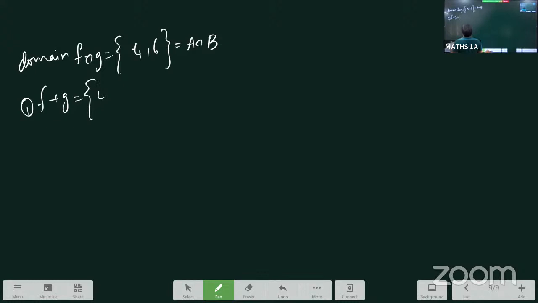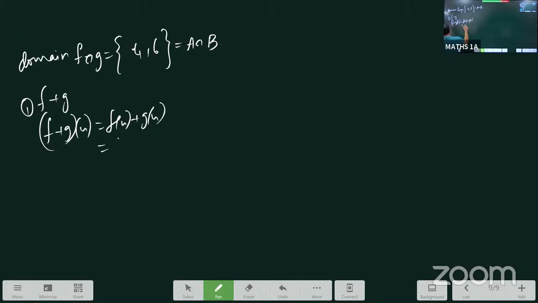I will show you. f plus g of 4 is f of 4 plus g of 4. What is your f of 4 according to the given question? 5. g of 4 is minus 4. 5 plus minus 4 is 1.